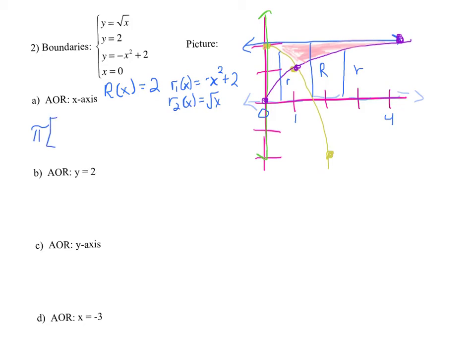And this would be a good time to store these equations in y1 and y2. So you can make negative x squared plus 2 your y1, and you can make the square root of x your y2.